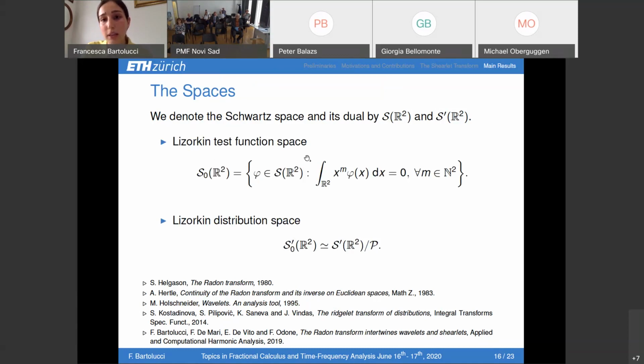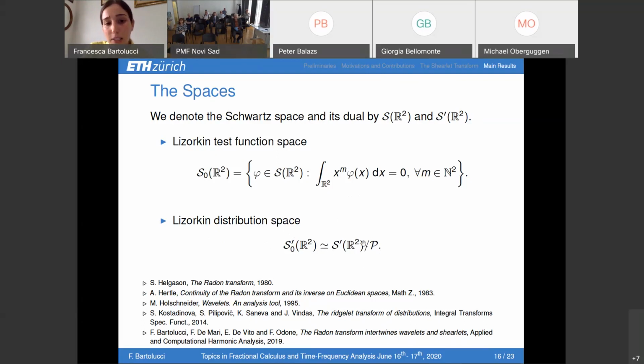This is a closed subspace of the Schwartz space, and it inherits from the Schwartz space the topology of closed subspace. Its topological dual is the so-called Lizorkin distribution space, and is proved to be canonically isomorphic to the space of tempered distributions modulo the set of polynomials.